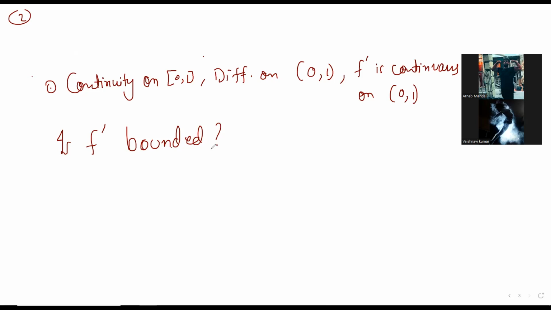Because if I think about 1 by x, right, then if I take f dash to be 1 by x, I take f of x as log x. It also has the same problem that you cannot extend it on the closed 0, 1. Look, the derivative may not exist on the boundary.